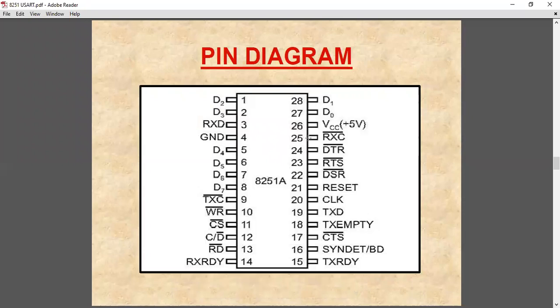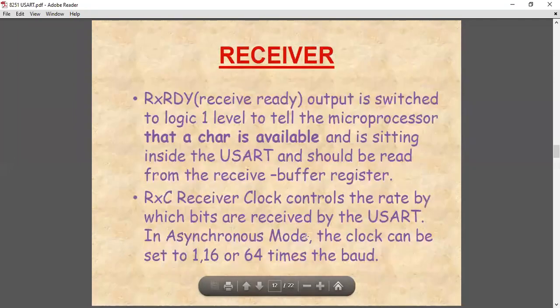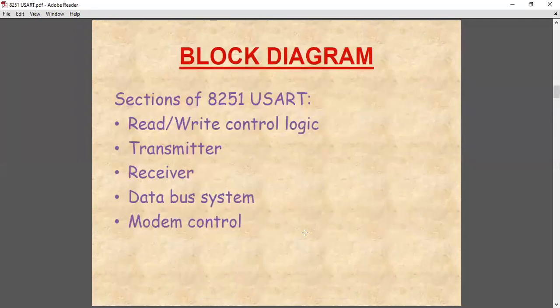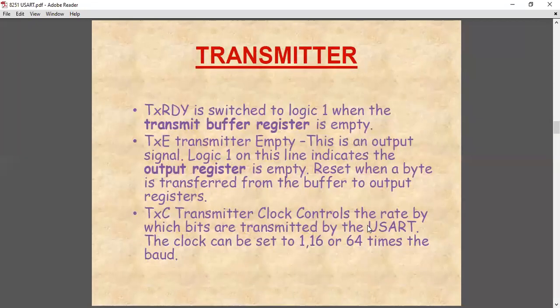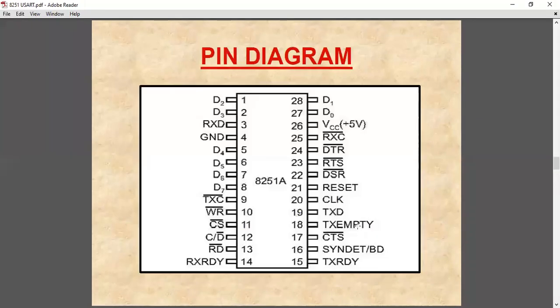Either it may transmit or receive the data. You just see CTS bar, it is an input signal to the 8251. The modem will send this particular signal.